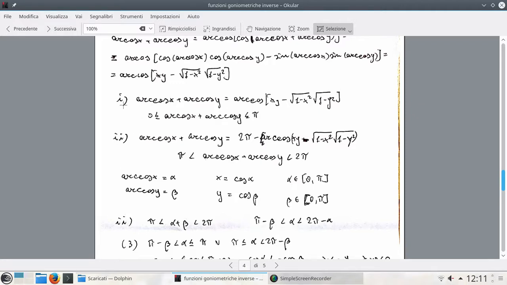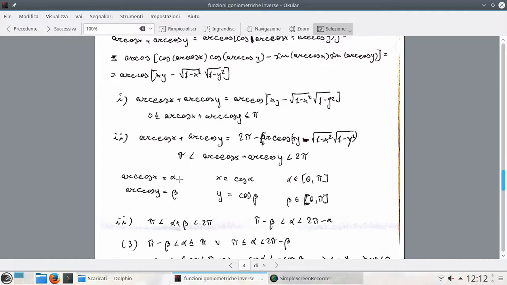Okay, I and double I. Arccos x plus arccos y equals arccos of (x times y minus etc.) when arccos x plus arccos y is between 0 and pi, or arccos x plus arccos y equals 2 pi minus the same expression above mentioned, when arccos x plus arccos y is strictly between pi and 2 pi.